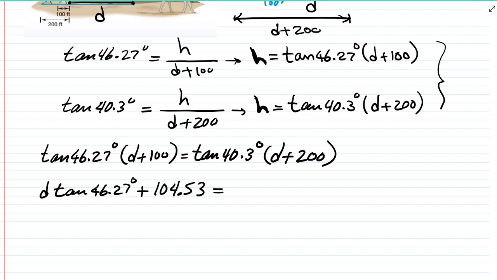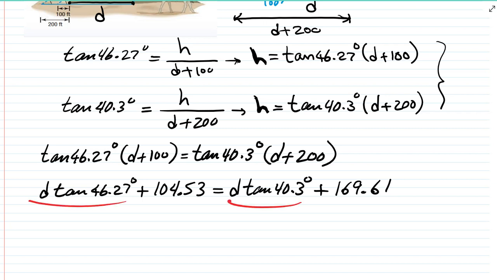And on the right side, the same thing. Multiply d times tangent of 40.3 degrees plus do 200 times tan 40.3. You should get 169.61.